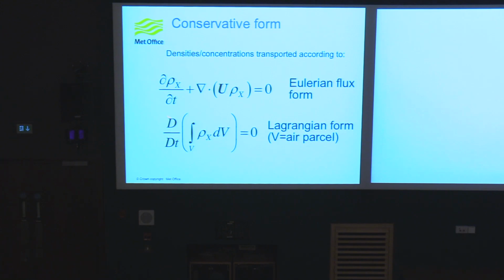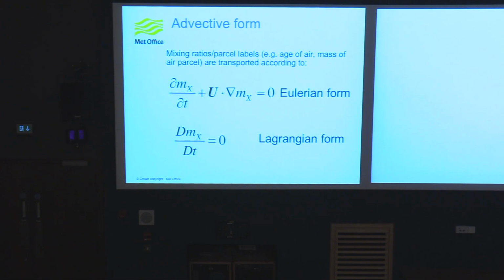We can translate that into a Lagrangian form, where here this big D by Dt means the rate of change of something as we sit on that parcel of air, and we now have to integrate that density over that volume. And so this then says that the mass within that Lagrangian parcel does not change. So that's one way of looking at that, and we'll come back to that a little later.